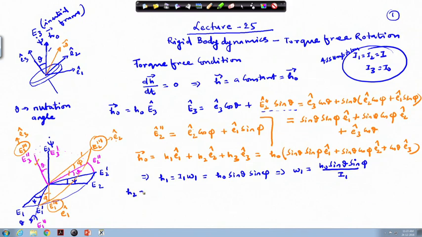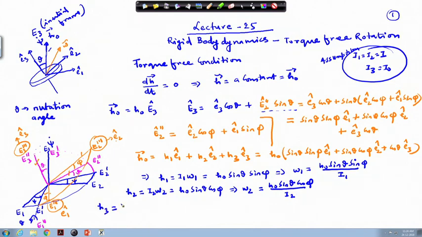Similarly, H 2 equal to I 2 times omega 2 can be written as H 0 sin theta times cos phi, and this implies omega 2 equal to H 0 sin theta cos phi divided by I 2.